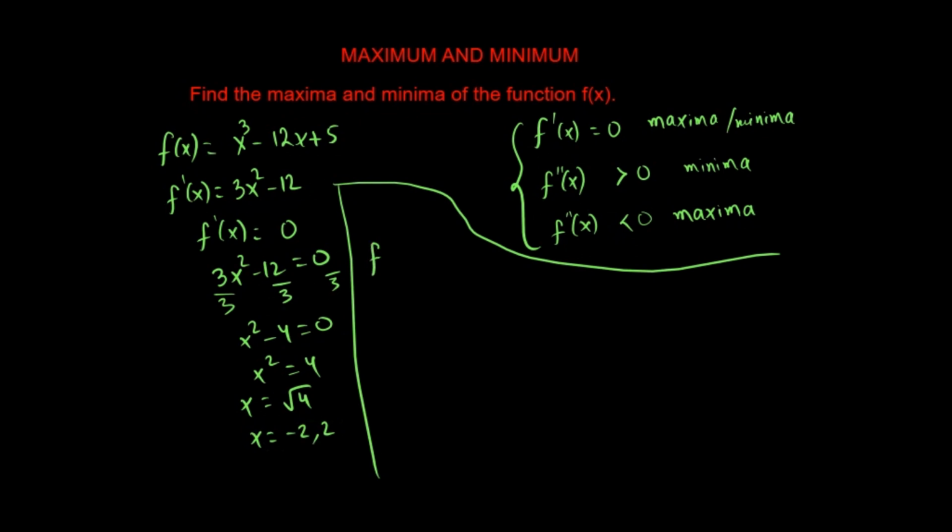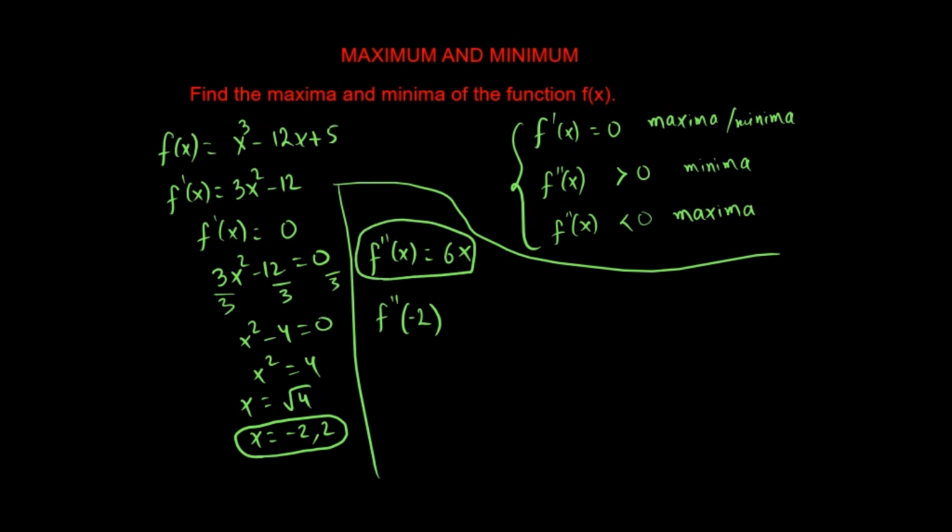Now the double derivative: the first derivative is 3x squared minus 12. When we take the derivative of that, we get 6x. And now we plug in minus 2 and plus 2 one at a time. Start with plugging in minus 2 in the second derivative.